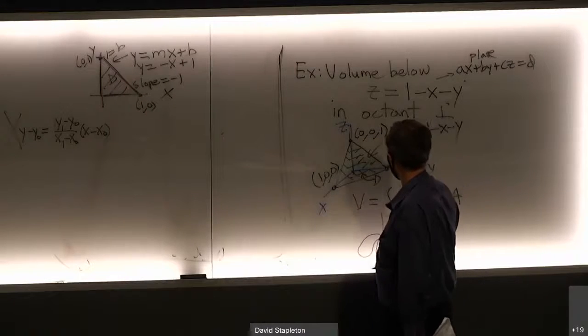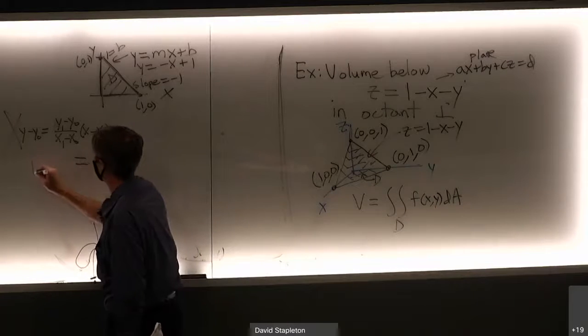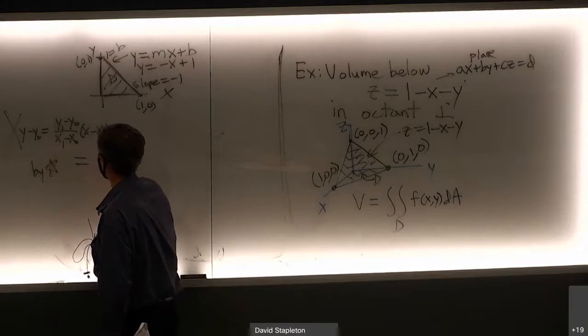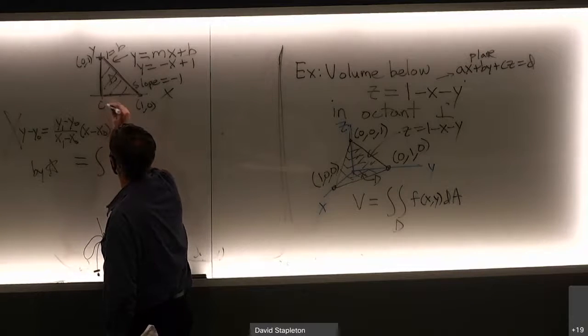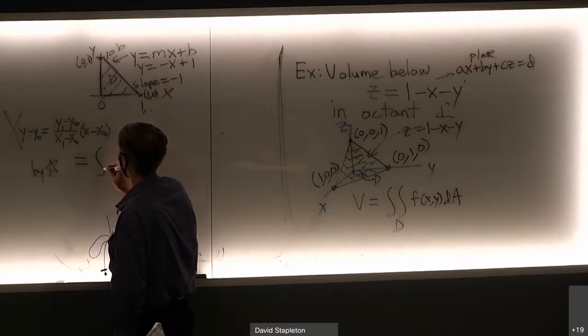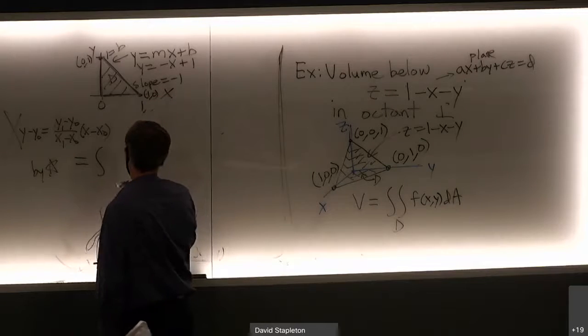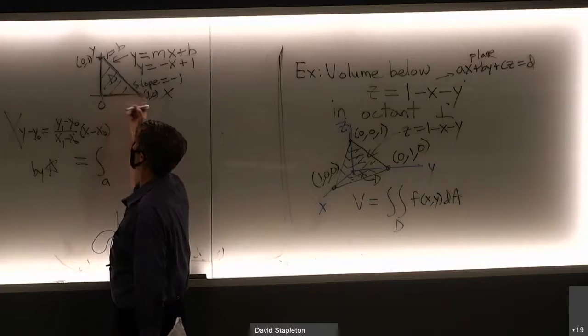All right, so according to the volume formula, the star theorem, we can say this is the integral, x going from its lowest value, 0, to its highest value, 1. Well, let's write it out. According to the theorem, it's for a type 1 region. We can actually treat this as either type 1 or type 2.